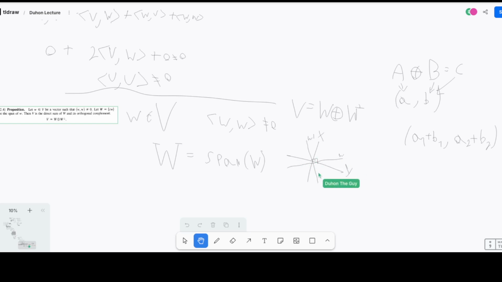So the vectors are making a plane by themselves, and we're basically remaking the vector space just at a different angle, but it doesn't really matter that it's a different angle because it's a vector space, it doesn't care about that.